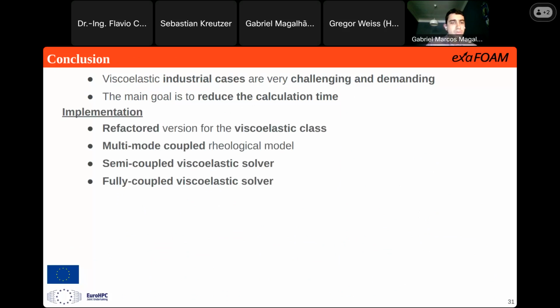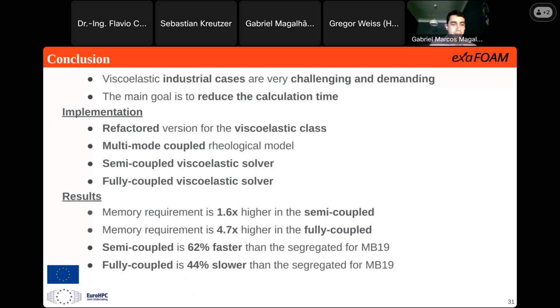For this, we implemented a refactored version of the viscoelastic class, a multimode coupled rheological model, and the semi-coupled and fully coupled viscoelastic solvers. With these implementations, we observed a memory requirement 1.6 times higher for the semi-coupled solver compared with the segregated, and 4.7 times higher for the fully coupled solver compared with the segregated.